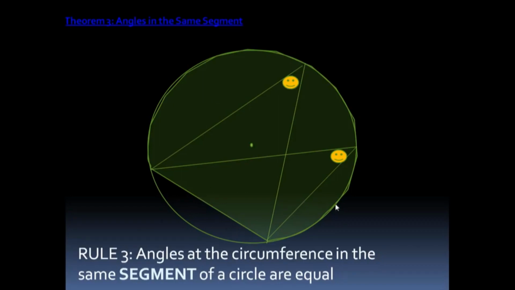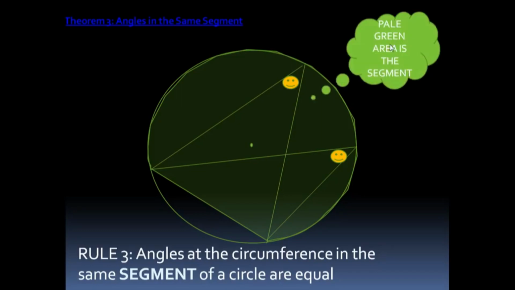And notice the light blue is the major segment. So these two angles are in the same segment, and angles in the same segment, according to circle theorem 3, are equal. The pale green area is the same segment.